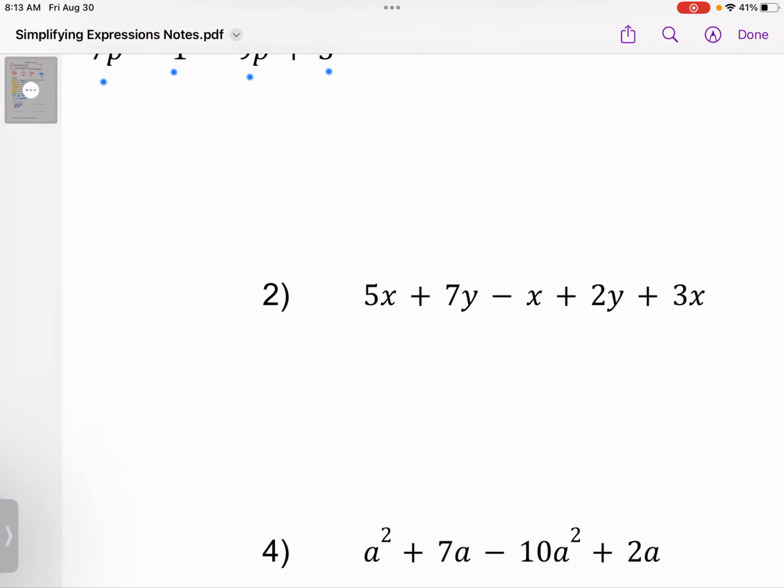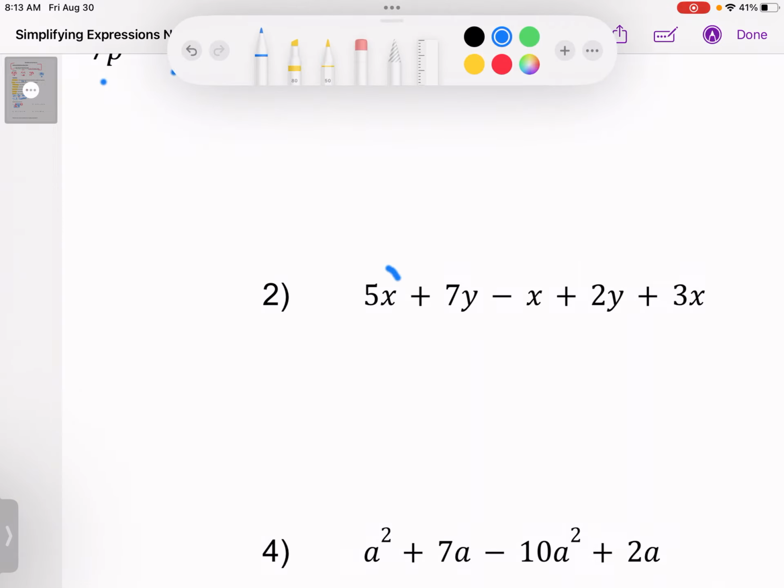Okay, looking at the next one. We have 5x, -x, and 3x, okay? What I want to point out in front of the x is that there's no number, there's no coefficient right here. So this is an understood one, or in this case, -1.